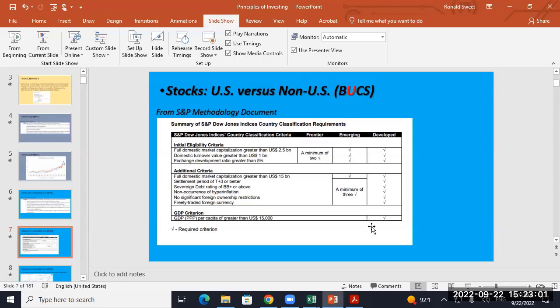My guess is China, it looks like they're still under 15,000. I don't think their foreign currency would fit here. There are definite ownership restrictions there, but then Hong Kong is in the list. When will that change? And what happens to Taiwan if China attacks Taiwan in this list? So, you've got some concerns as an investor.